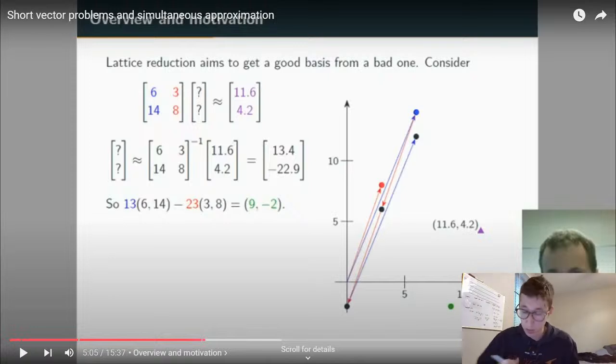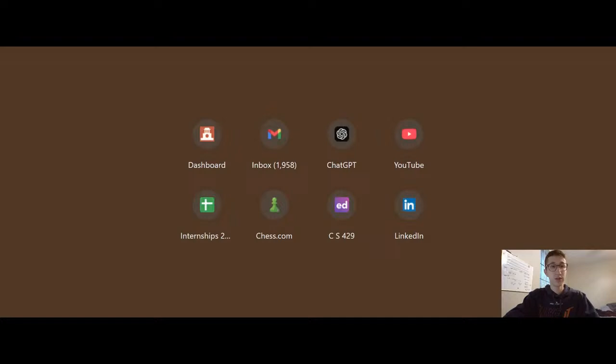I believe that's why this works, because unimodular matrices always have an inverse, meaning you can always compute an inverse, which is what I think we're able to do here, right? We're able to compute the inverse and then say this is equal to 13.4, negative 22.9, which is approximated. If I'm not mistaken, here's what we're going to do: a matrix inverse calculator.